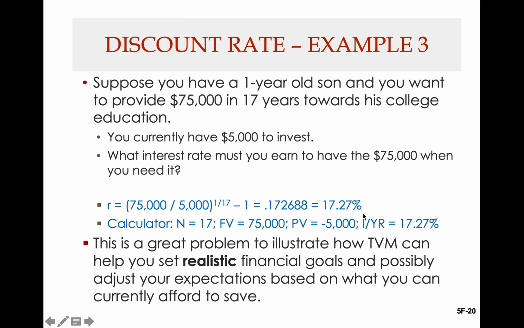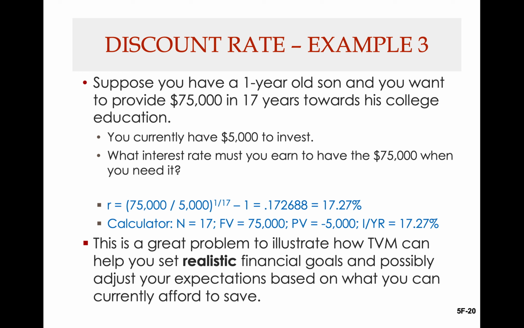Now, what's good about this problem is it's a great example to illustrate how you can set realistic financial goals for yourself. Why? Because the problem says that you need to earn 17.27% per year on your investment of $5,000 for the next 17 years, so that your son will have $75,000 towards his education.